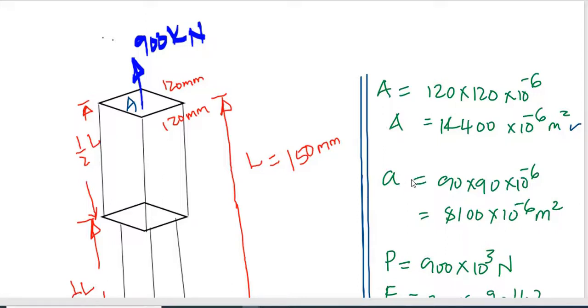Then small a for the other cross-section, it is 90 millimeters, so it will be 90 times 90 times 10 to the power negative 6, converting each section to meters. Therefore, we have 8,100 times 10 to the power negative 6 square meters.